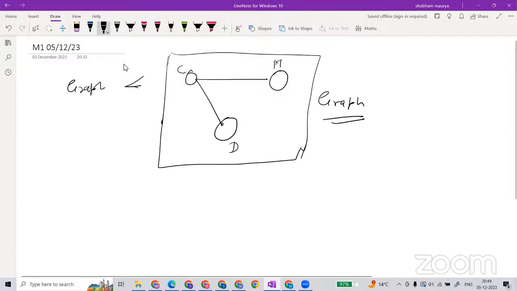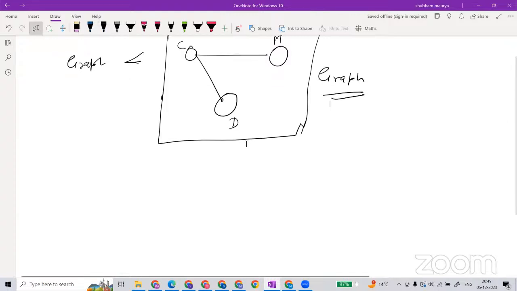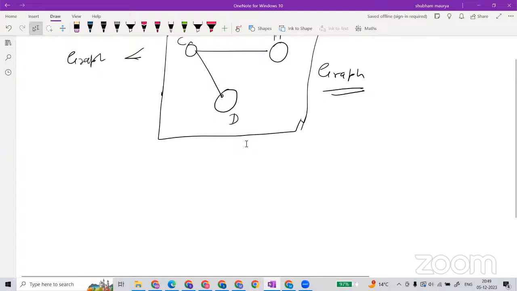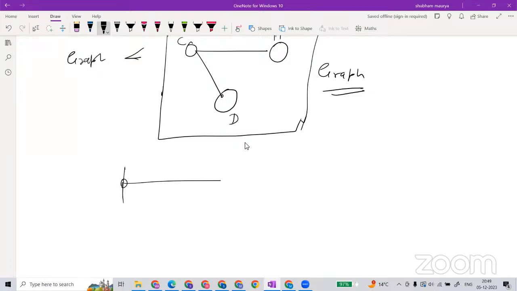There is the minimum vertex cover, and graph coloring. A simple example of minimum vertex cover: suppose these are the corridors of a hotel, and these nodes are the intersection points of the corridors.